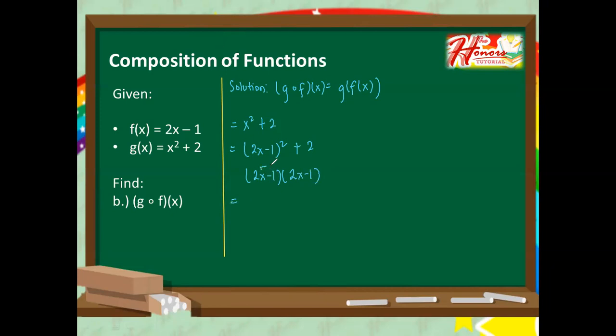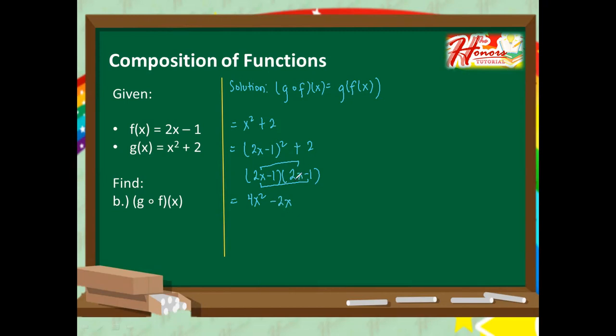First term, 2x times 2x, so that is 4x squared. How did we get this? 2 times 2, it's 4. Add the exponents, so we have here 1 plus 1, that's 2, and then copy the variable, which is x. And then let's have the outer term. 2x times negative 1 is negative 2x, since negative 1 times 2 is negative 2.